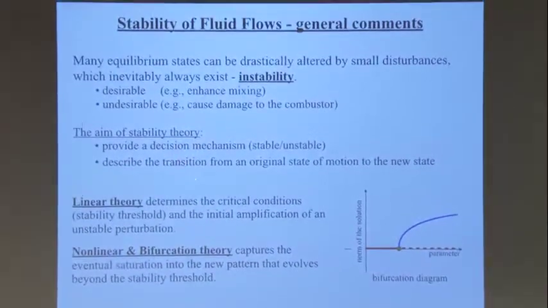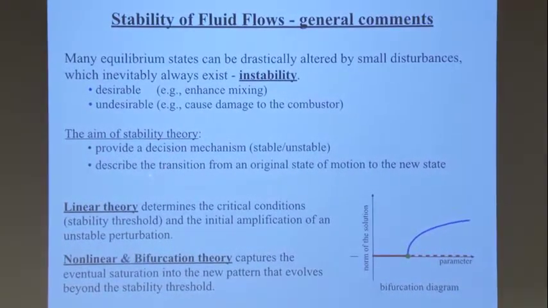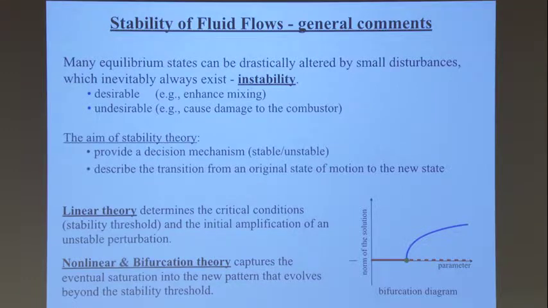The aim in describing instability is usually, first of all, to provide a decision mechanism. In other words, is this equilibrium stable or not, and under what condition is it stable or not?